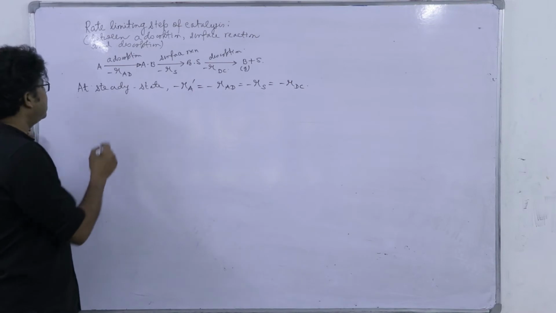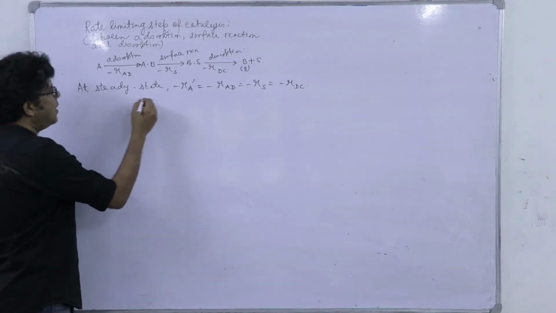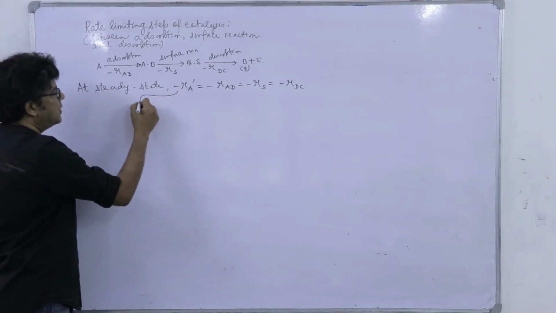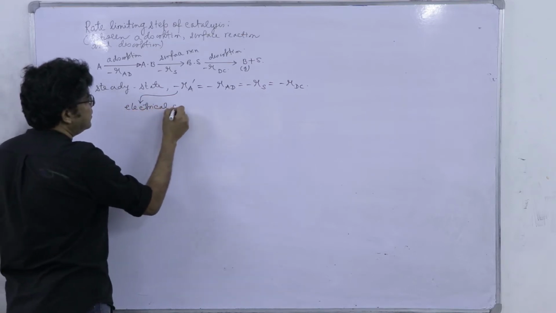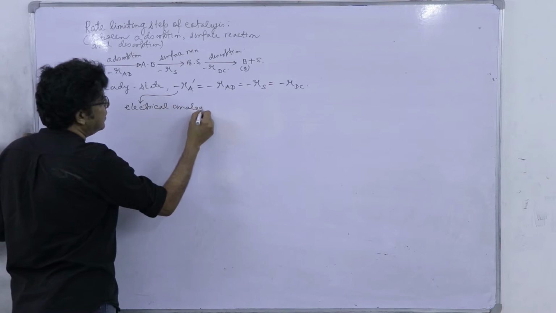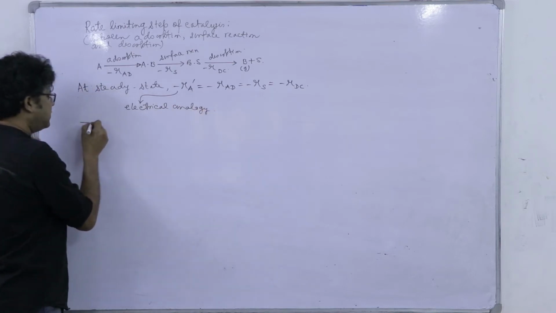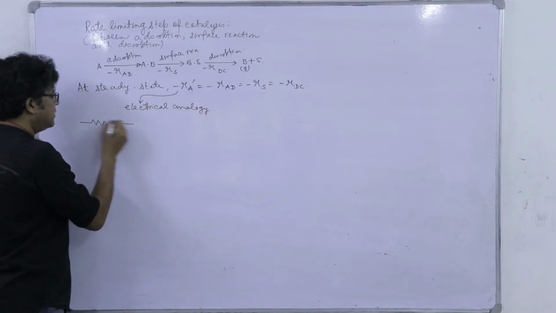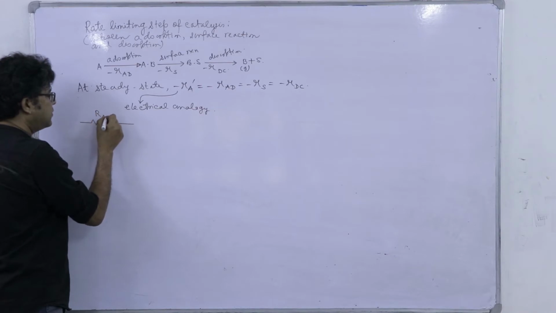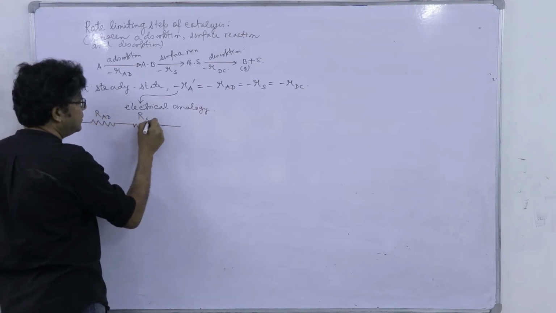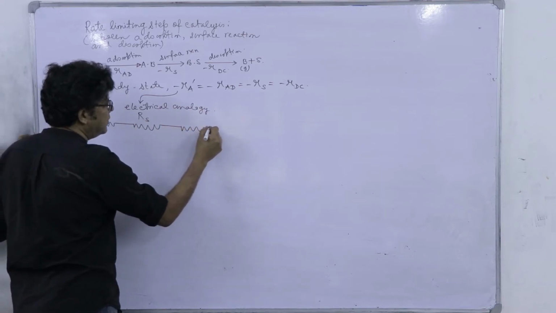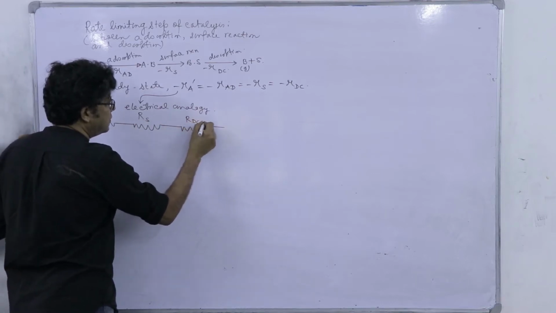So, in order to understand that, we go for an electrical analogy. We have as if a circuit, we have a resistance to adsorption, then resistance to surface reaction and resistance to desorption.